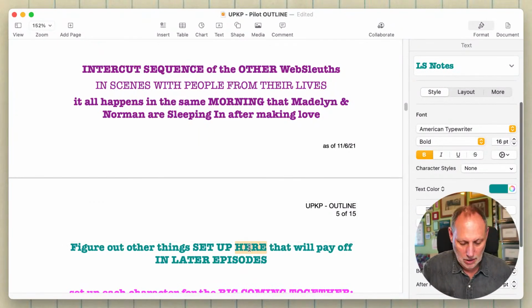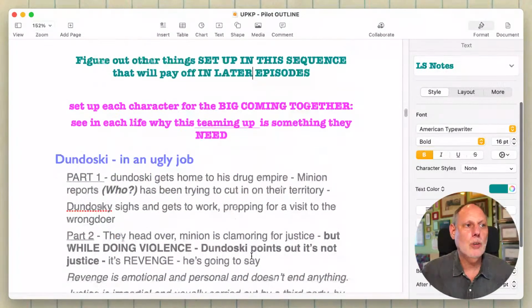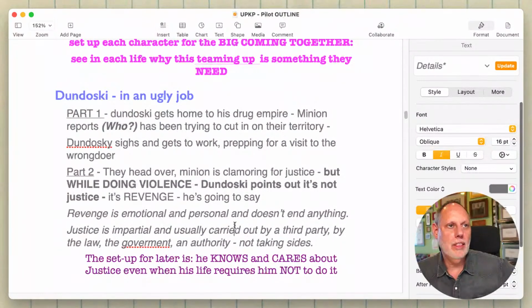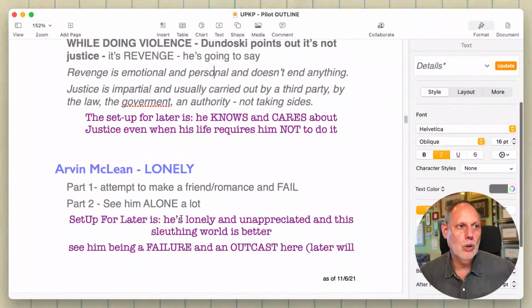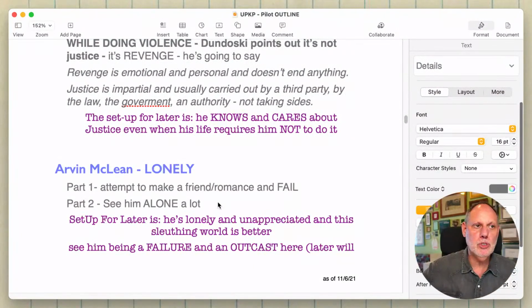In other words, the things that Dundowski is doing here, or McLean's life, have got to in some way be stuff that later, in some other episode, we find out is useful.